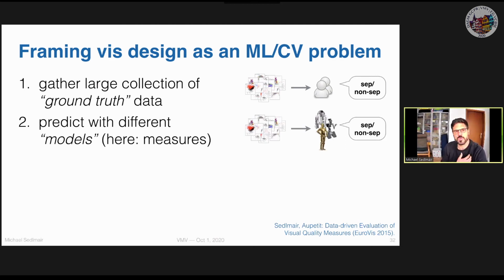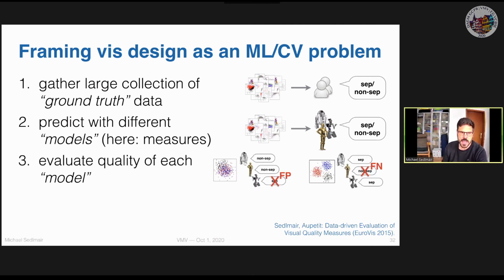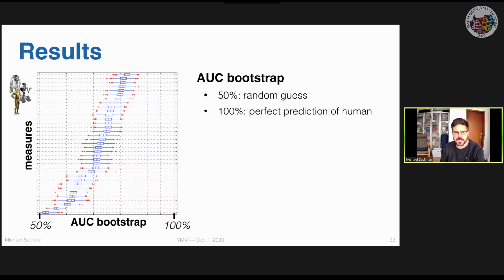Then we can use different models or measures to predict these human judgments, and we can simply evaluate the quality of each model by how well it matches what the humans say. This is basically what we did, without diving into the details.